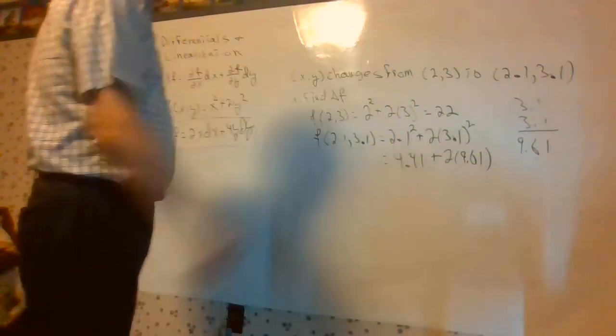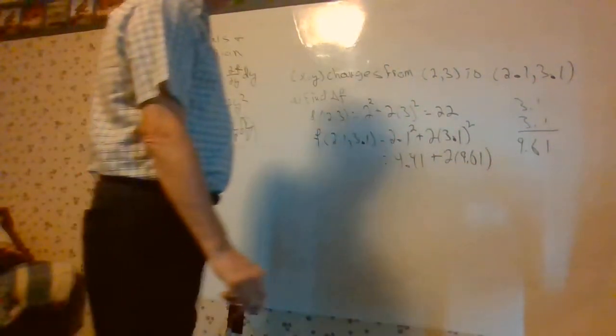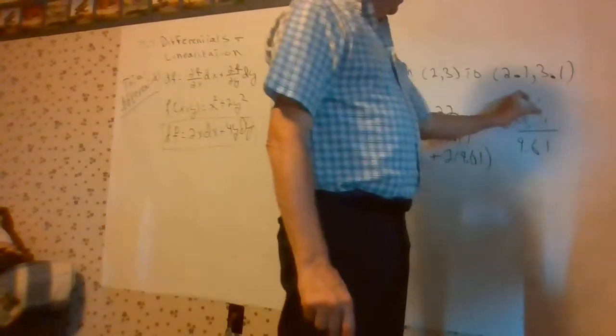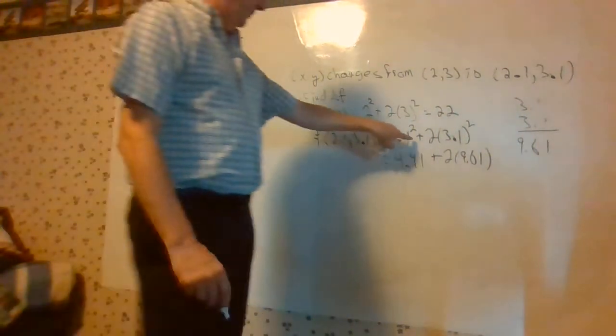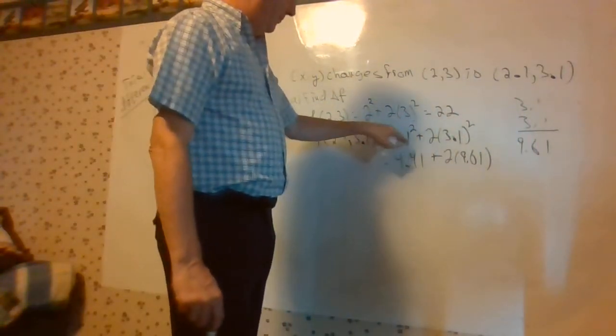You can certainly do this for 2.1: it gives you 4, and then 0.2 and 0.2 is 0.4, and then the 0.01.